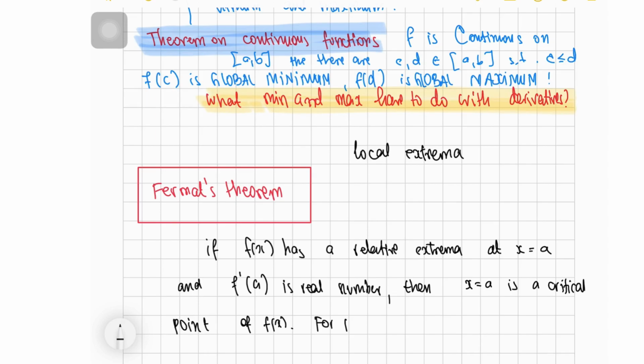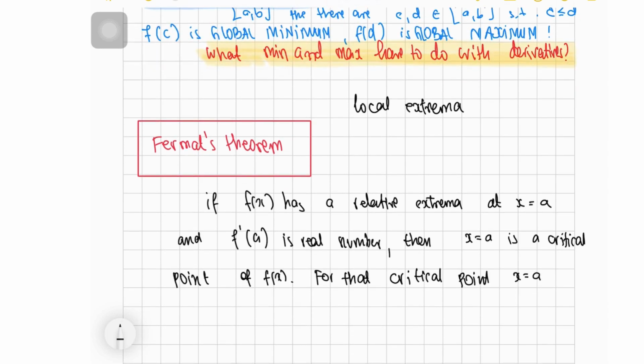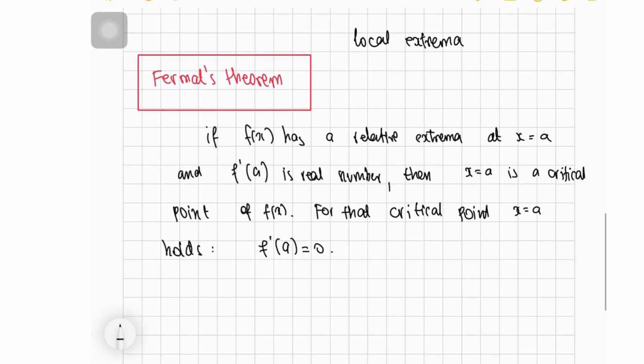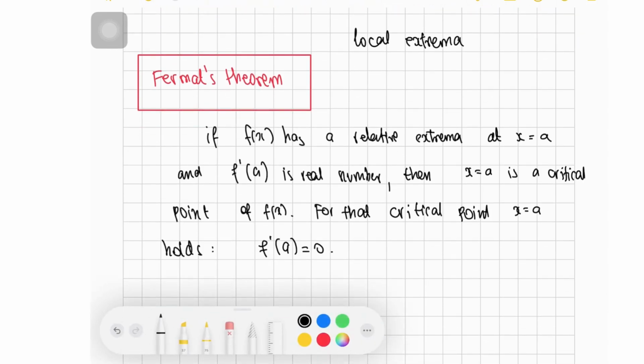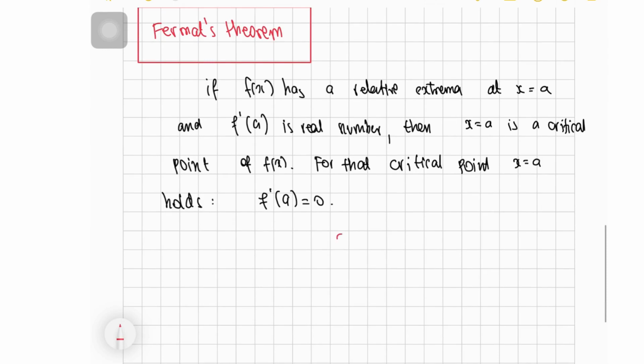For that critical point, x equals a, it holds that f prime of a equals 0. So that's Fermat's theorem.